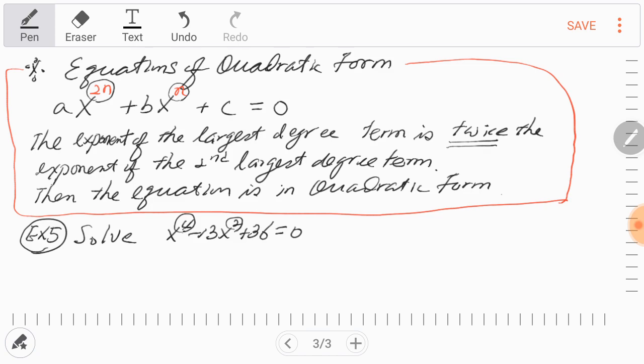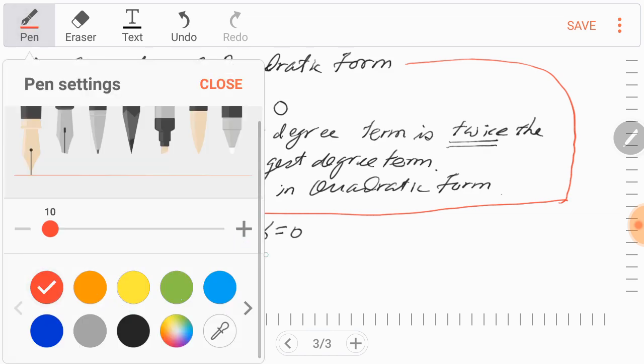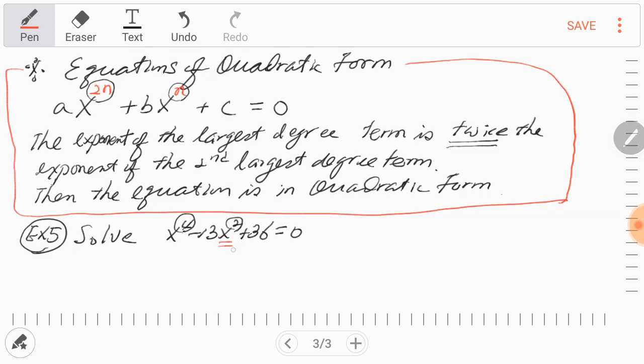So in that case, we can set this x squared equal to something like u. Then what does this one become? X to the fourth power becomes u squared. So we can easily set u equal to x squared. Then x to the fourth power is u squared.